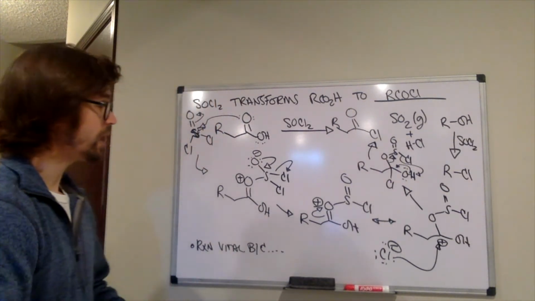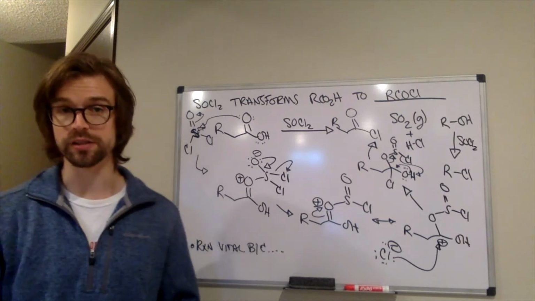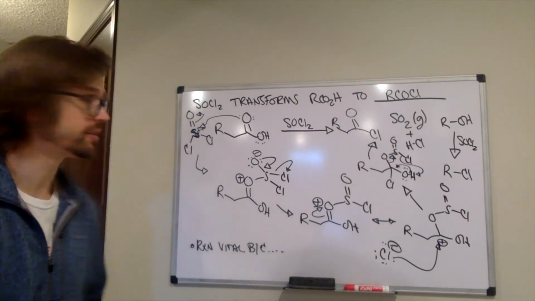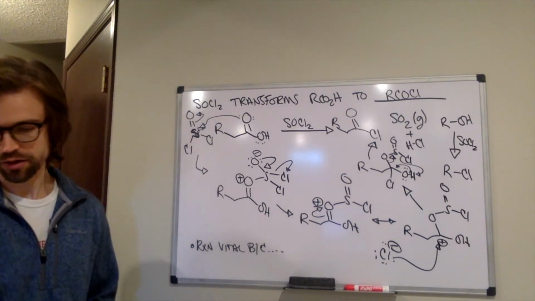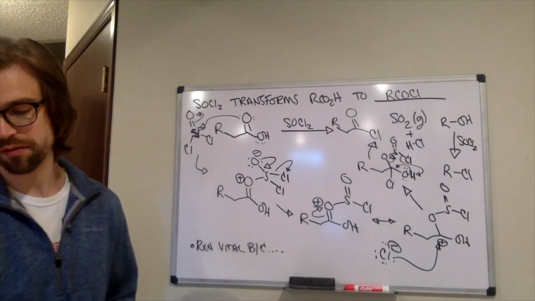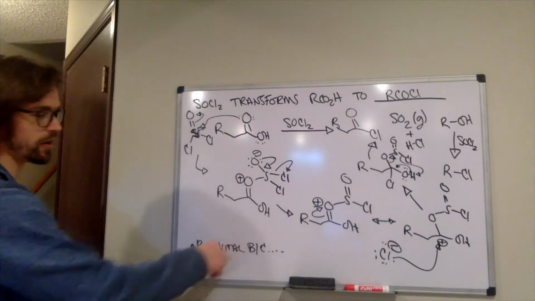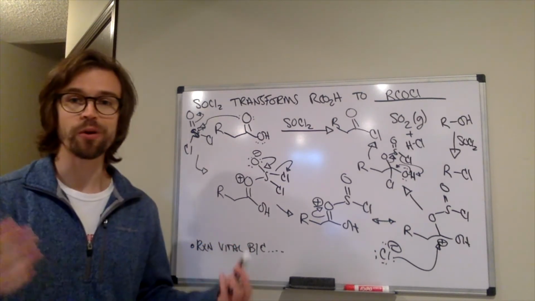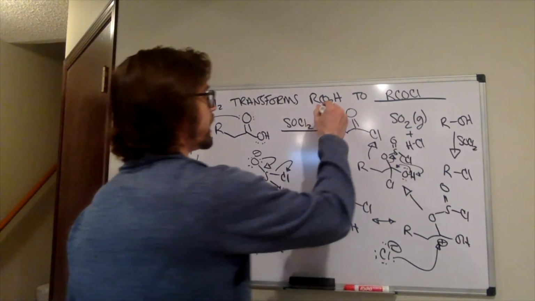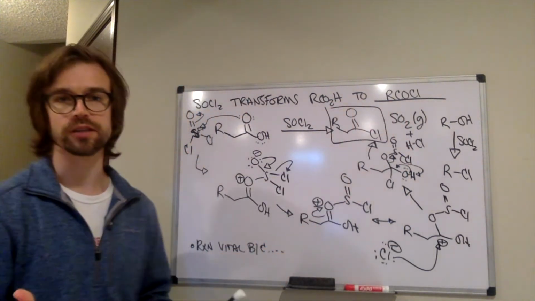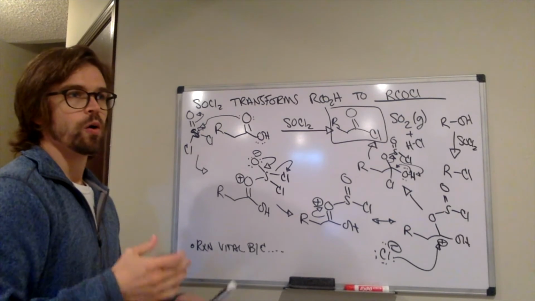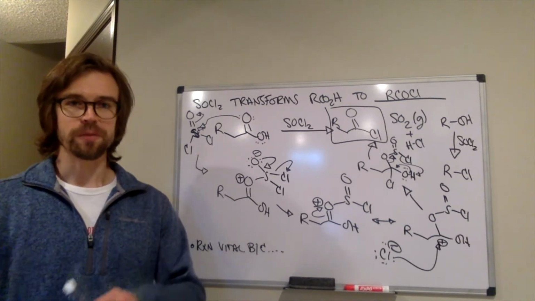So that's what SOCl2 does with these carboxylic acids. It's a really important reagent, and I say that because on your note packet, it says the reaction is vital because... well, what did we just make? We just made an acid chloride from a carboxylic acid. And what does that allow us to make?